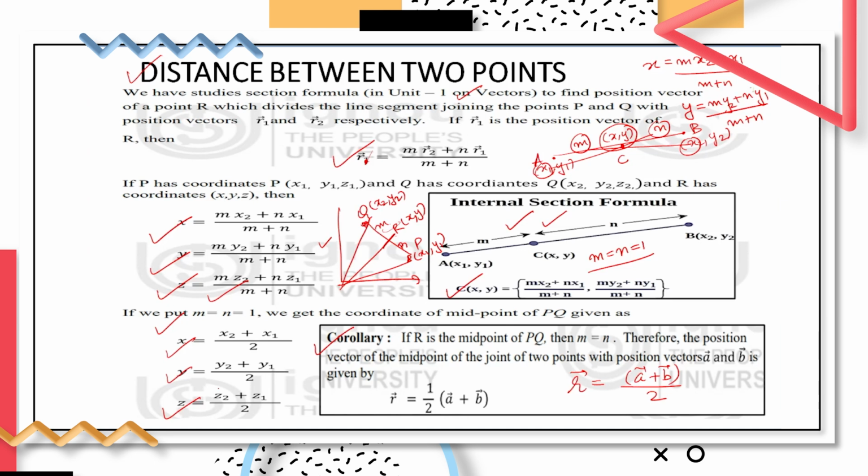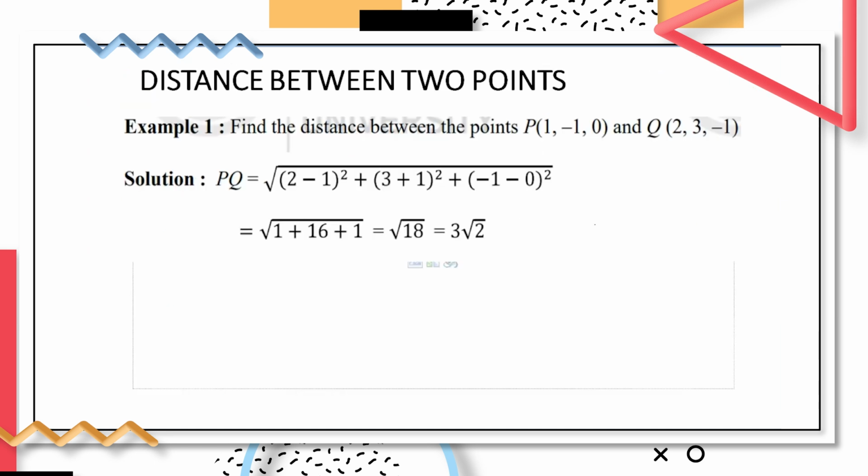Also, you can say that if 2 points are given to you, say point A and point B, or for the sake of simplicity, point P and Q are given to you. Point P has the coordinates, say in this case, 1, minus 1 and 0, and point Q has the coordinates 2, 3 and minus 1. Then vector PQ will represent OQ vector minus OP vector, and this is the distance in between the two.